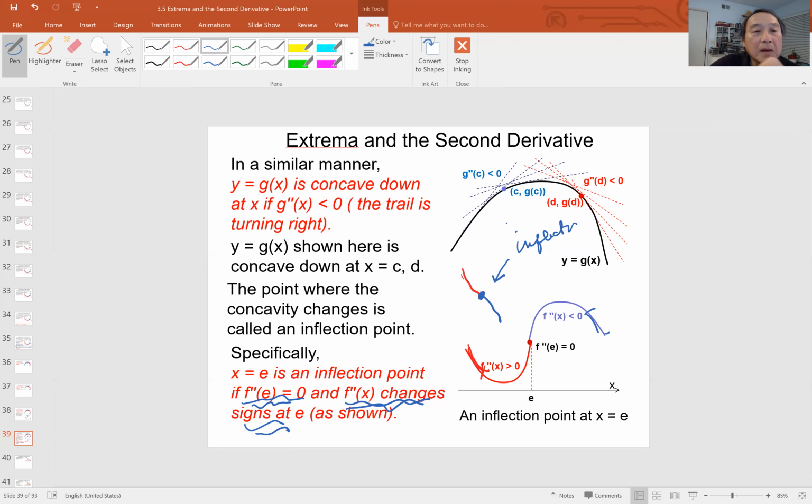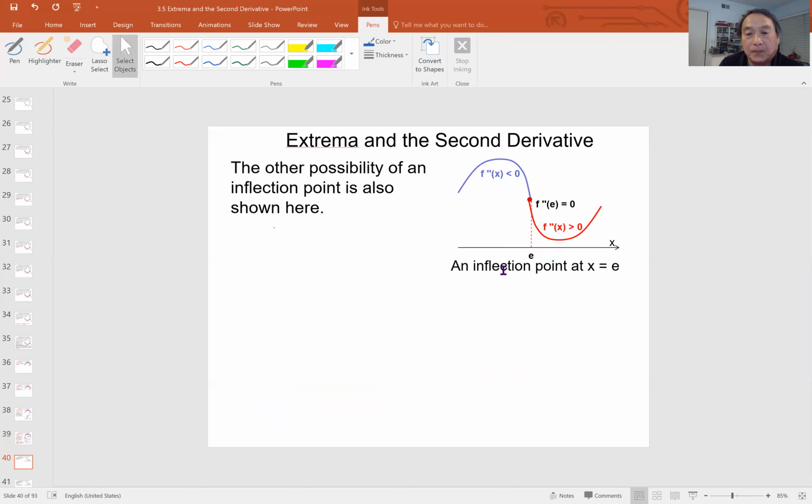Again, think of oneself as the bug crawling along this curve, and the concave up is making a left turn, and when it gets to that point, it starts making a right turn. It's concave down. So this stretch is concave up, that stretch is concave down. So the point is a joint point like an S shape, the point where the bend turns the other way.